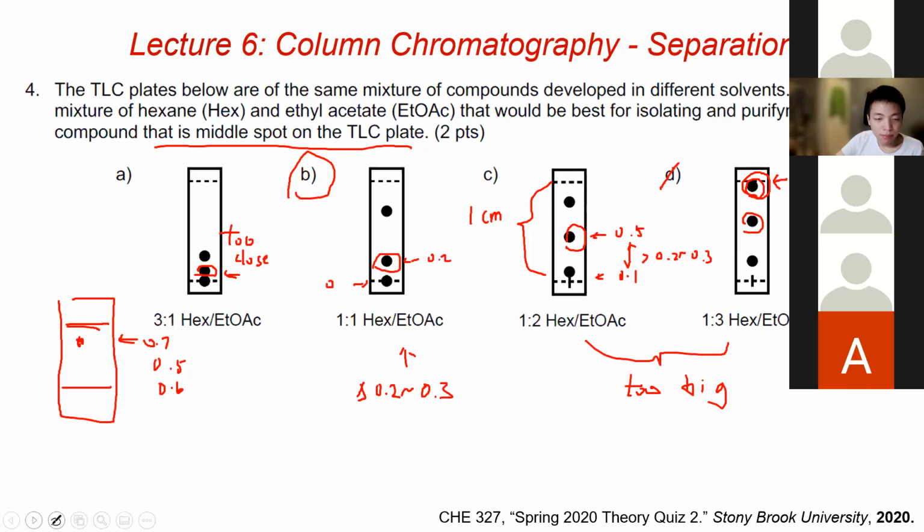Sorry, can you repeat one more time what you said about the spot being on the solvent front line? Mm-hmm. So assume that I chose this mobile phase to be a very polar solvent, like 1 DCM to 4 methanol. If I chose a less polar solvent, like 1 to 1 DCM to methanol, the spots will come down, right?